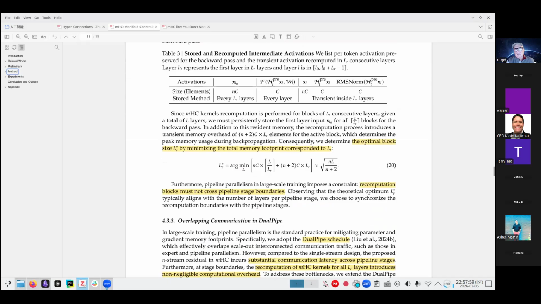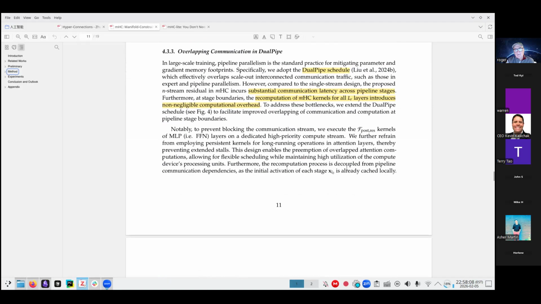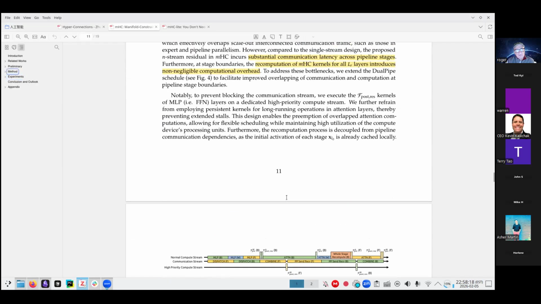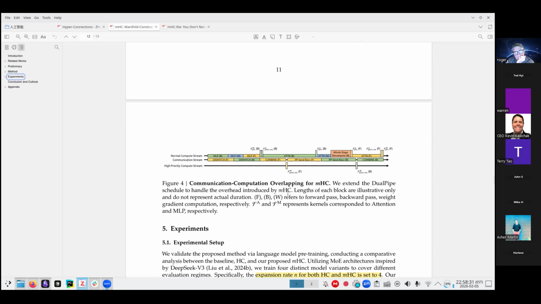Okay, these are the details. They also overlap the communication in DualPipe. I forgot what DualPipe is about, but I think they were able to put these matrix calculations inside the DualPipe to make it not so expensive.